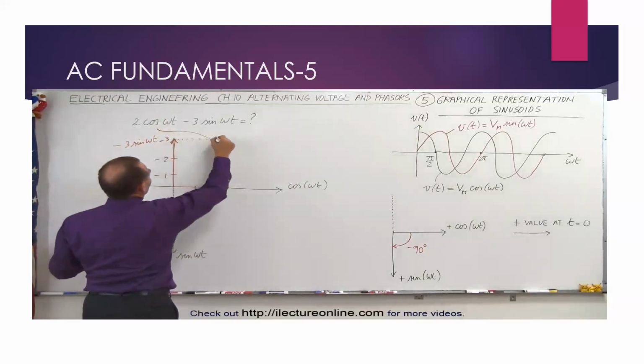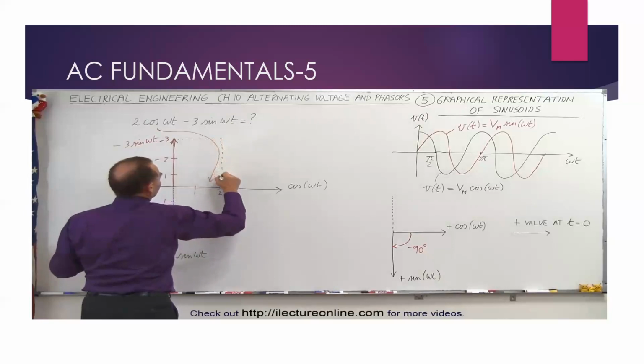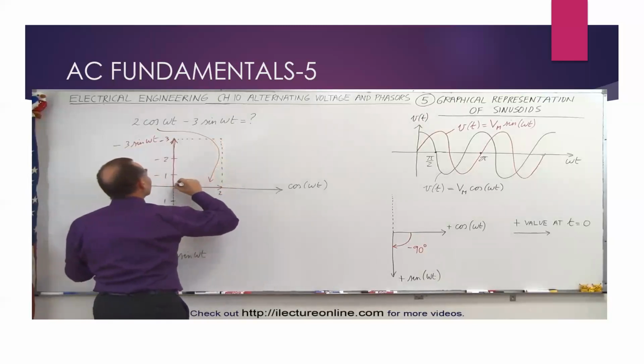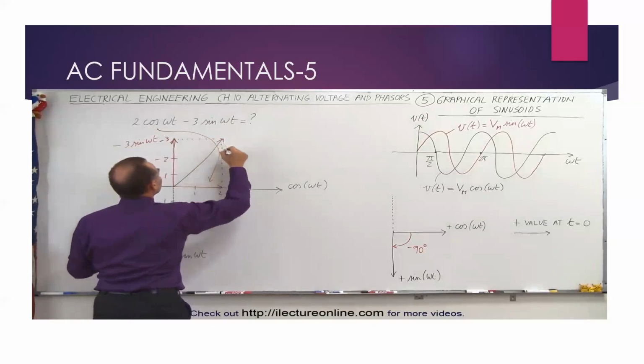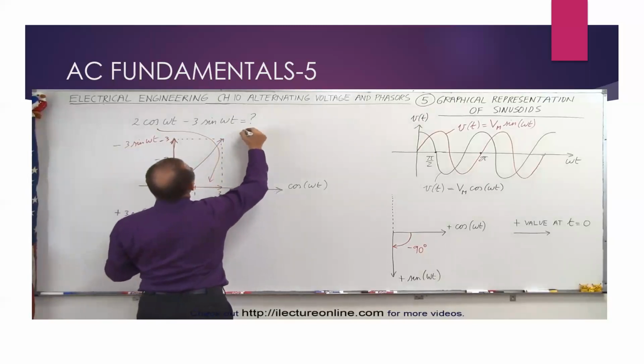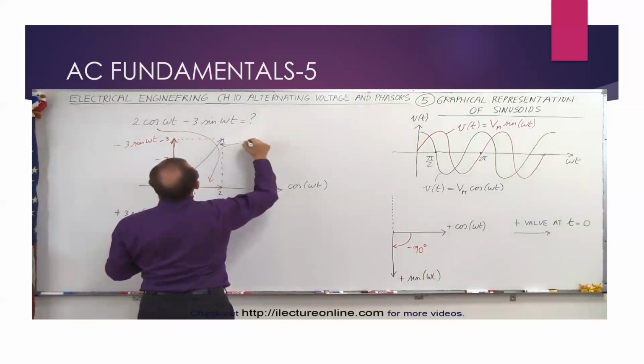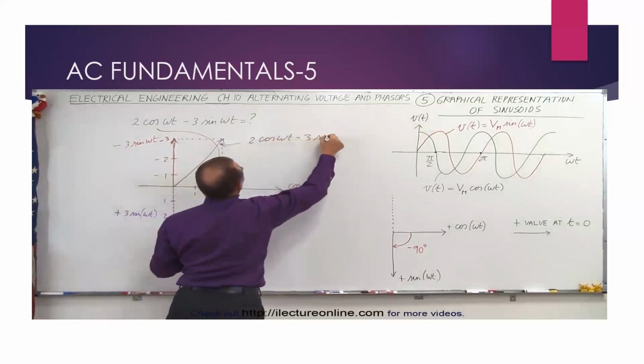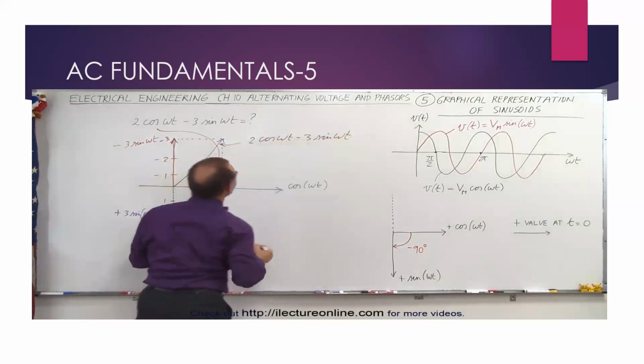Let's use the vectorial or parallelogram method, like this. And notice, let me use purple color. This here would now be the sum of those two. This would be equal to 2 times the cosine of omega t minus 3 times the sine of omega t.